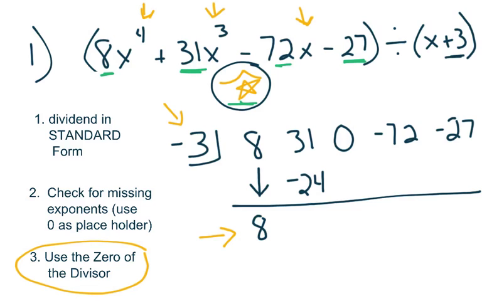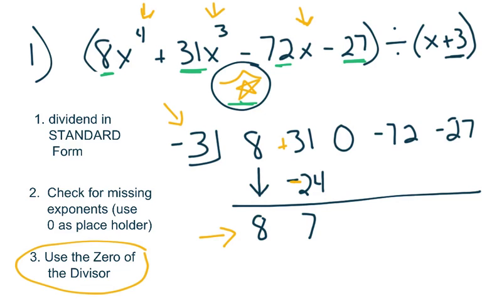Now, this is what's different between this and long division. We are not subtracting the number that we write down. We're just combining the numbers as they are. So I have a +31 and a -24. So 31 minus 24 is 7. And I put that below the line.